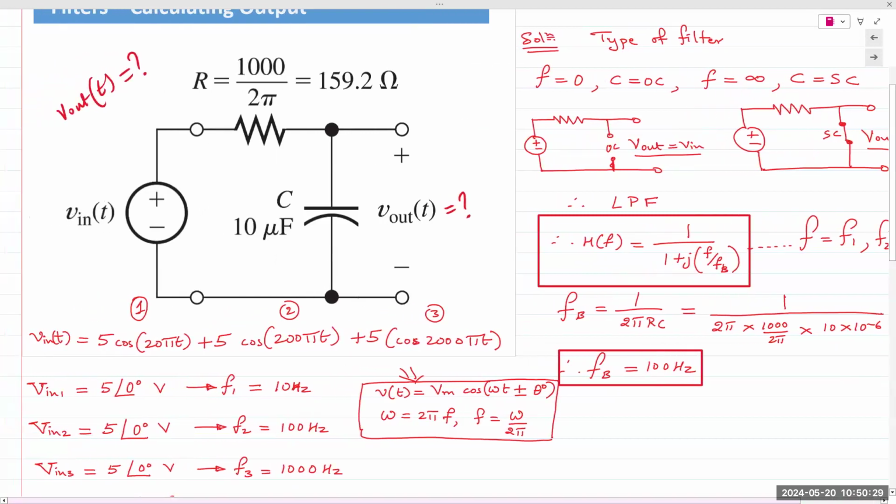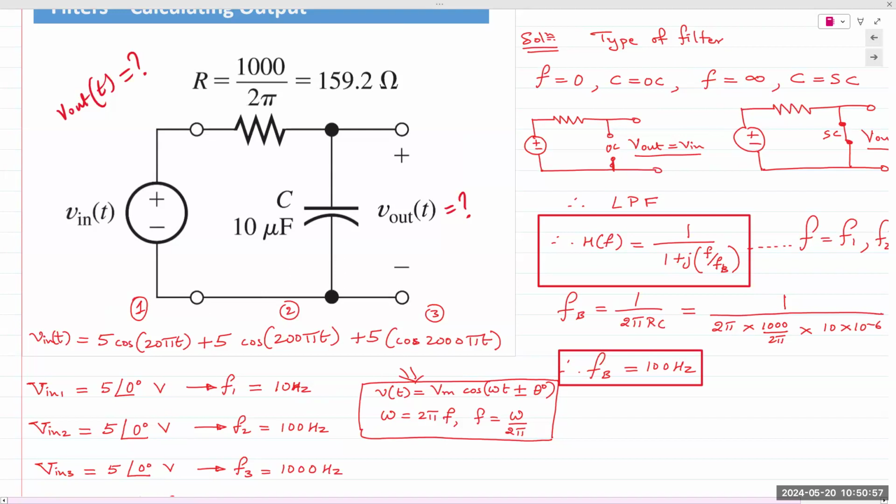Then we take a look at our input signal. Our input, similar to example 1 earlier in this chapter, is comprised of 3 components. We can break it down as V in 1, V in 2, V in 3. If we notice the magnitude, meaning the peak values, and the phase angles for all 3 are the same: 5 with an angle of 0.